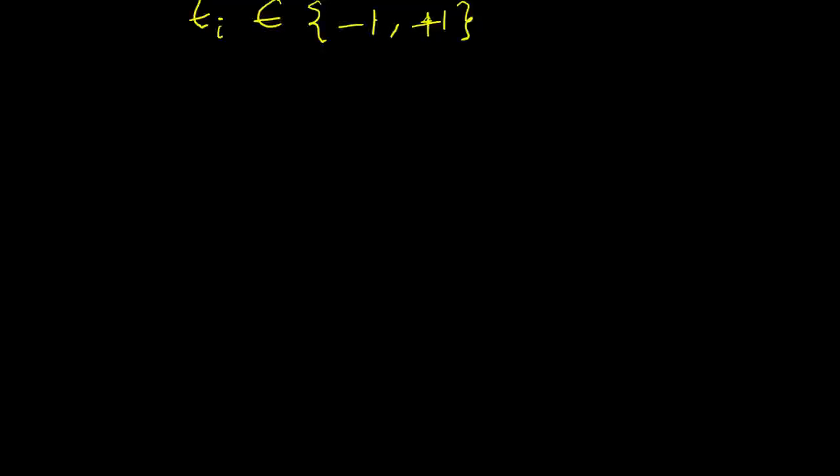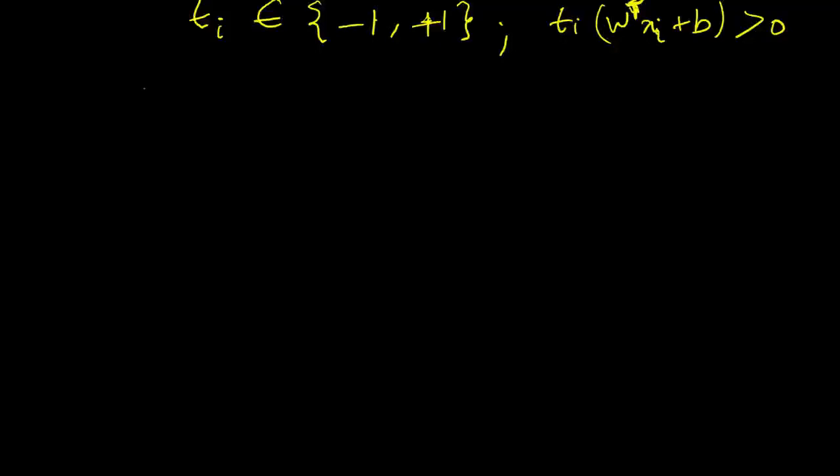Okay, and what we are saying is that for every classified point, Ti times (W transpose Xi plus B) is going to be greater than 0, right? So what does this mean? For negative points, this W transpose Xi plus B will be less than 0. For positive points, W transpose X plus B is going to be greater than 0, and we can take care of this sign by multiplying it with Ti. So we are doing the mirror fold along the dividing hyperplane.